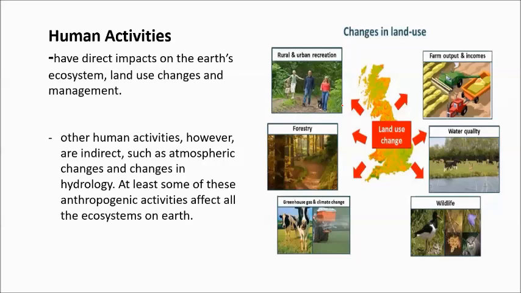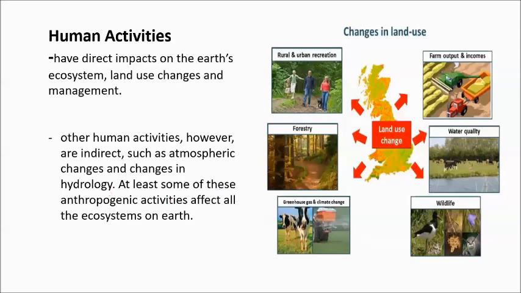Okay, on land use, conversion of land for production of food. So land is converted for production of food, fiber, and other goods used by humans. These changes cause loss of habitat. On the other hand, other human activities are indirect, such as atmospheric changes and changes in hydrology.